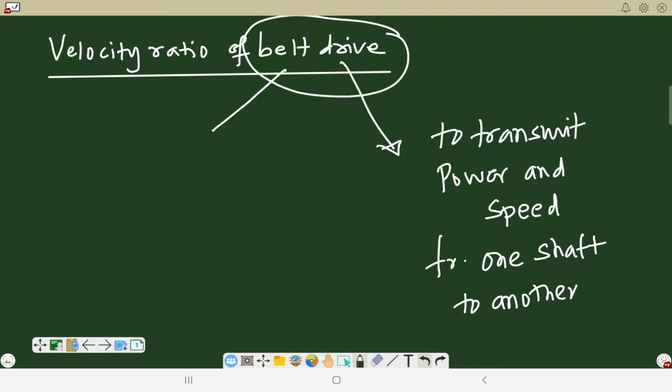So here we want to calculate velocity ratio of a belt drive. What is meant by belt drive?